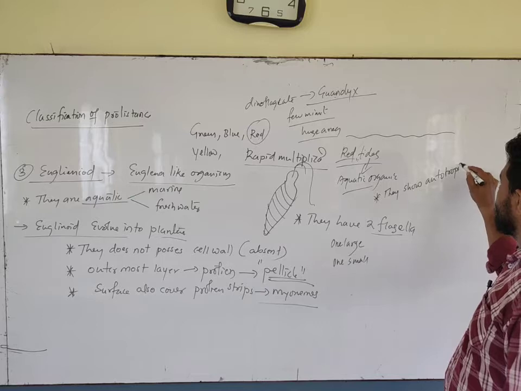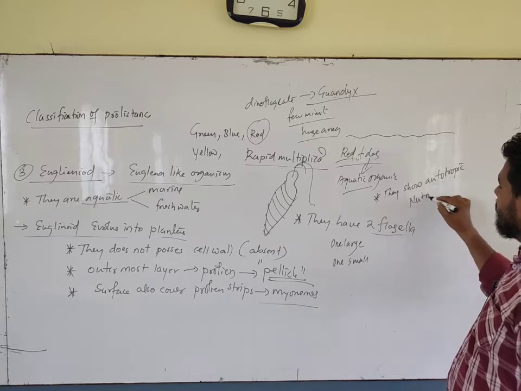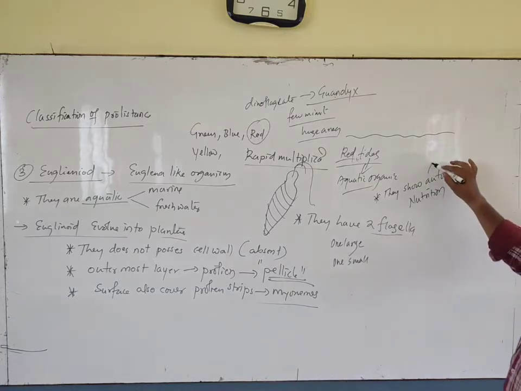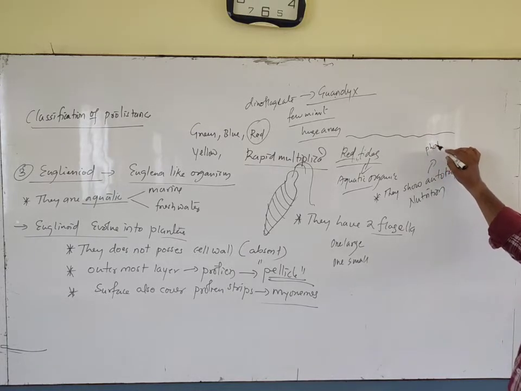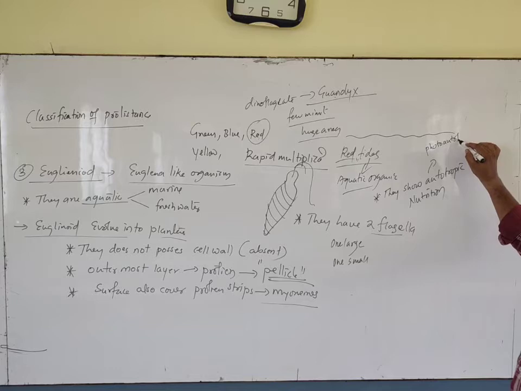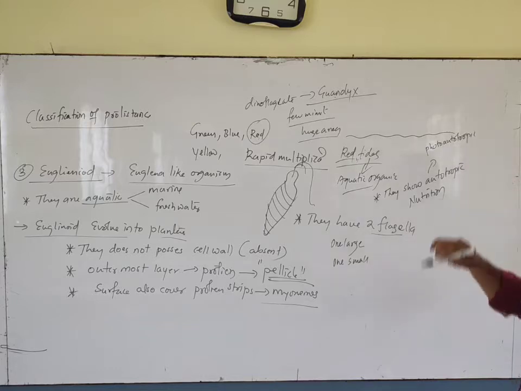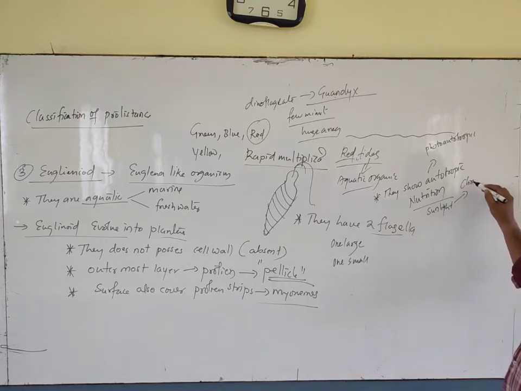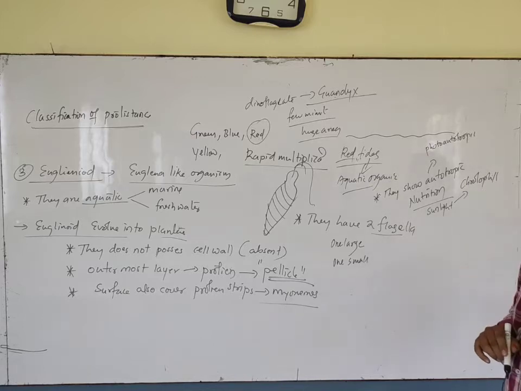Next, they show autotrophic nutrition. What type of nutrition is this? Autotrophic nutrition. What type of autotrophic? Photoautotrophic nutrition. That means in the presence of sunlight, they contain chlorophyll, chlorophyll a.